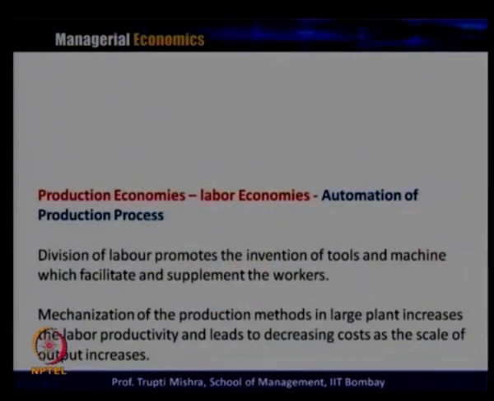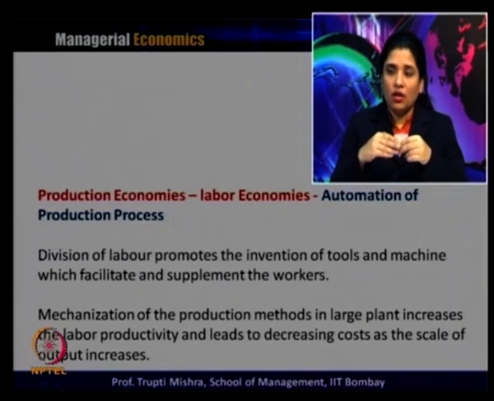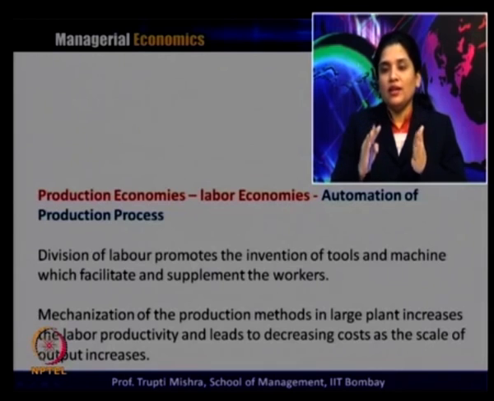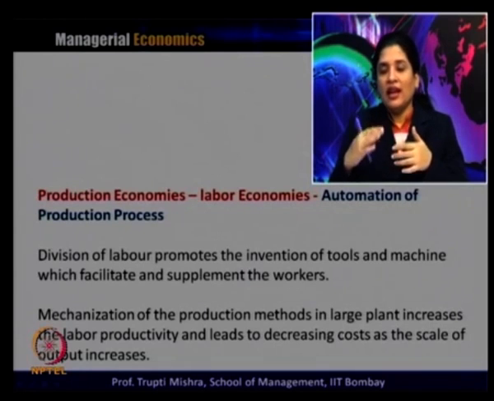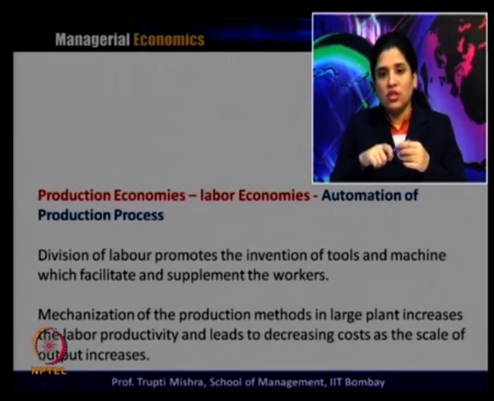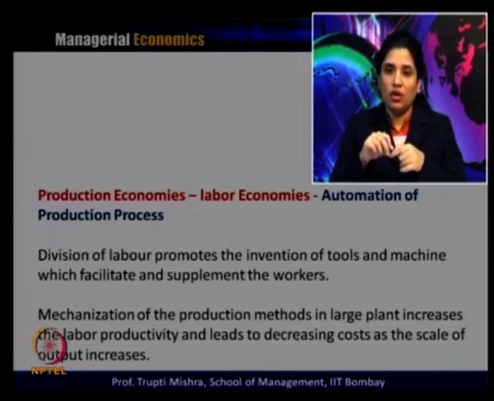Then we will talk about the automation of the production process, and how it generates advantage to the firm. Division of labor promotes the invention of tools and machines which facilitate and supplement the worker. If they are working on a project which fits their skill and expertise, that again promotes the invention of tools and machines which supplement the worker.